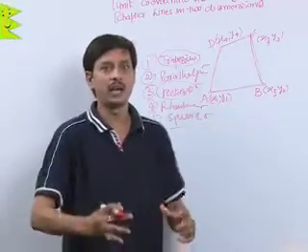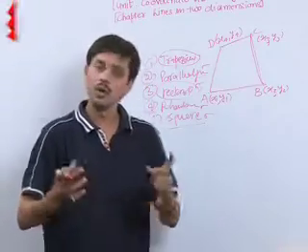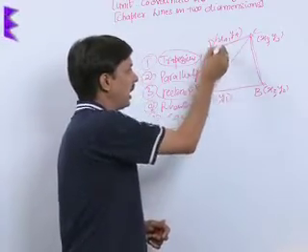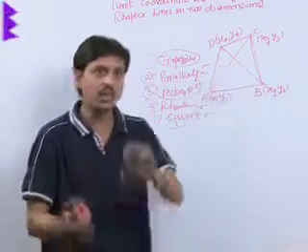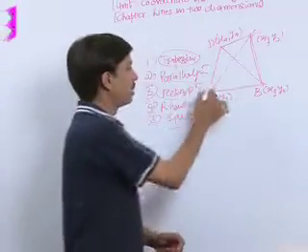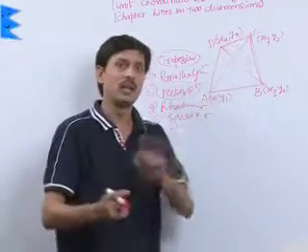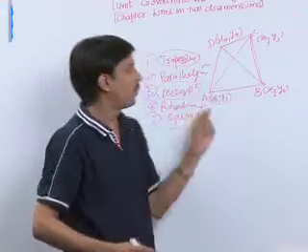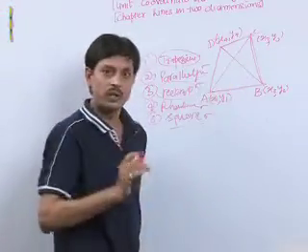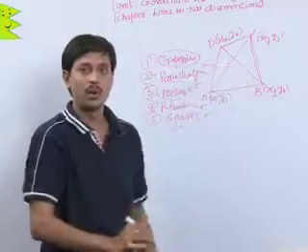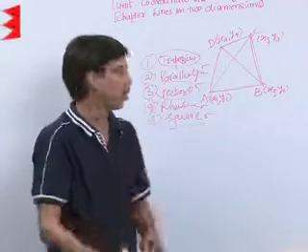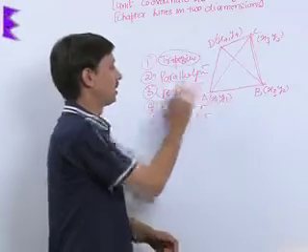If we want to check whether it is a rectangle or not, we should calculate the lengths of AC and BD, because AC and BD are the diagonals. A diagonal is the line segment which joins opposite vertices of a quadrilateral. So AC is the first diagonal and BD is the second diagonal. If these lengths are calculated and are equal, we say it is a rectangle.